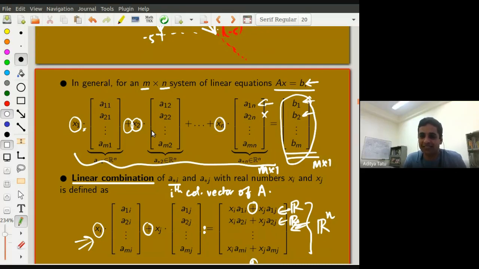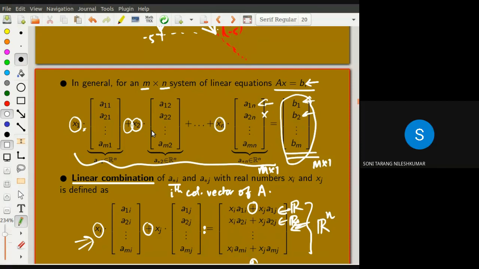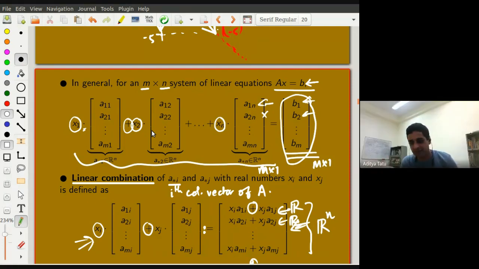That is something we are going to look at in the next class. Since the set of all linear combinations will be infinite, agreed. But the only question we are trying to answer is, does it exist or not? How we are going to find the solution is a different thing, and that is going to come up later.